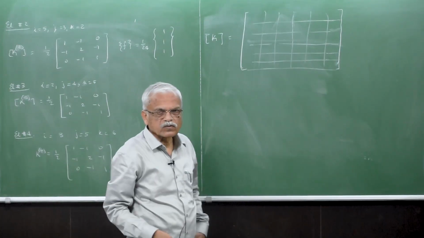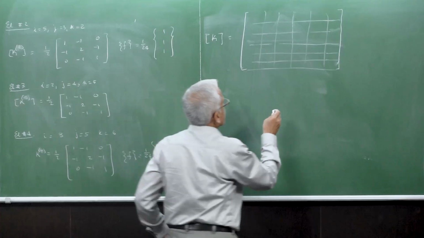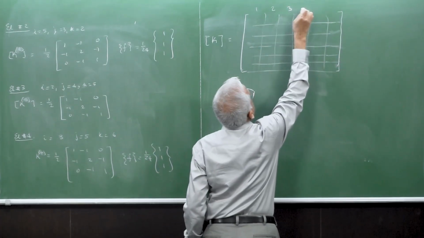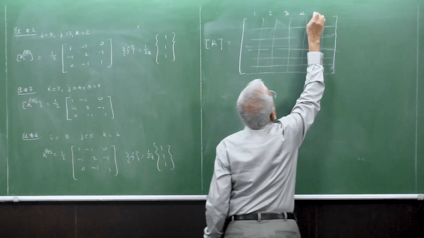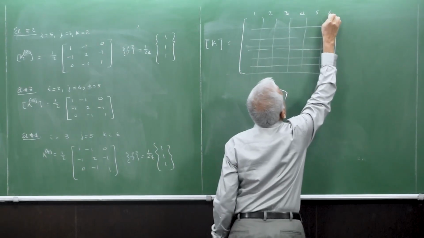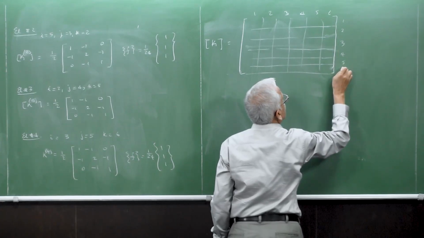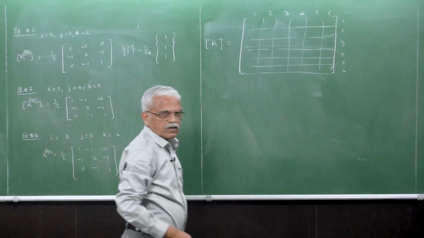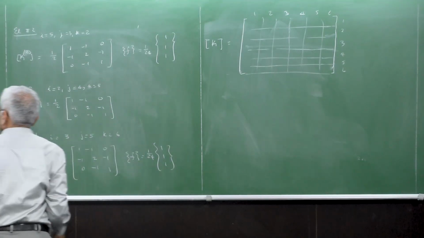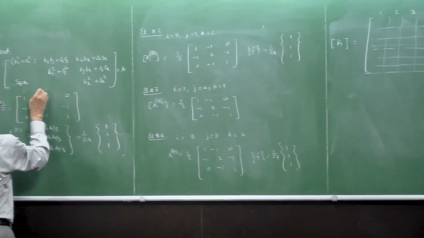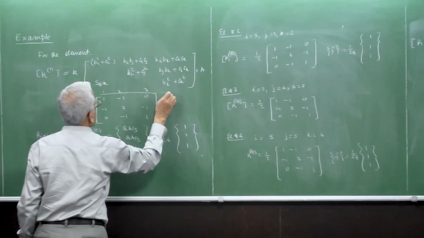all the nodes. So they are 1, 2, 3, 4, 5, 6, along both rows and columns. The first element here is in the nodes 1, 2, 3.